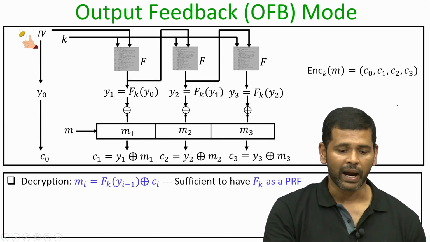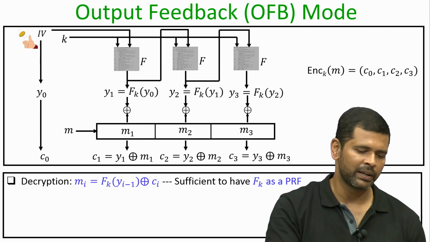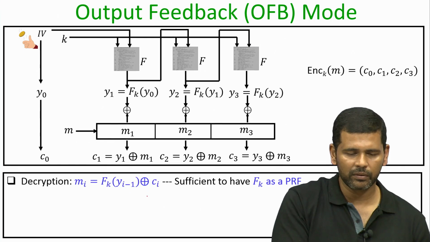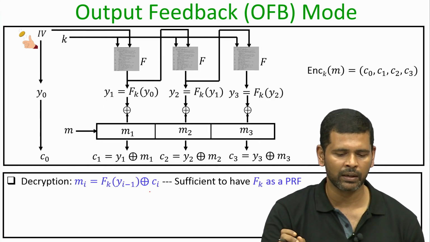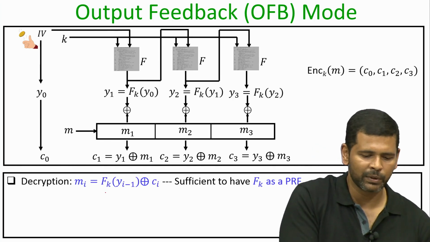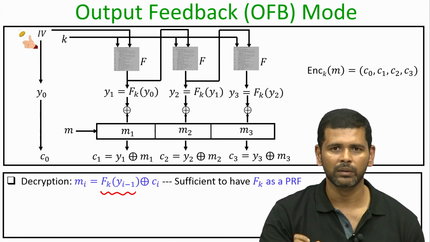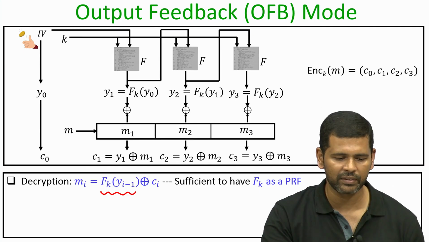And to decrypt, we do the corresponding operation: to recover the ith plain text block, the receiver needs the ith block of pseudo random stream of pad, which can be computed by just doing this operation, and once the ith block of pad is available, it can be XORed with the ith cipher text block to recover the plain text.